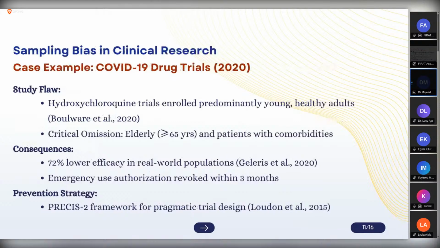Sampling bias in clinical research. We are using an example of a COVID-19 drug trial. The study flaw is that the hydroxychloroquine trials enrolled predominantly young, healthy adults.